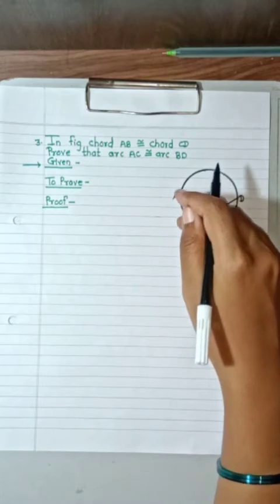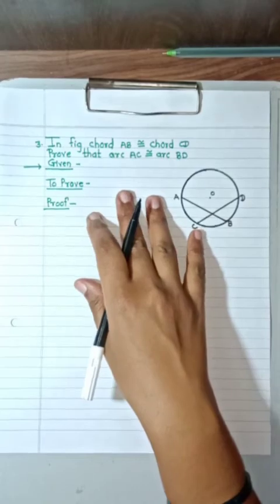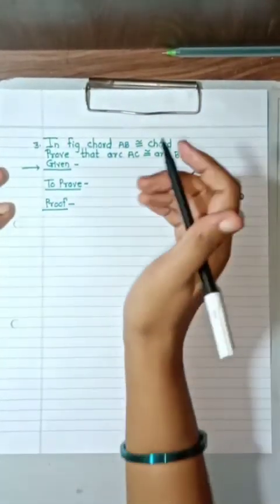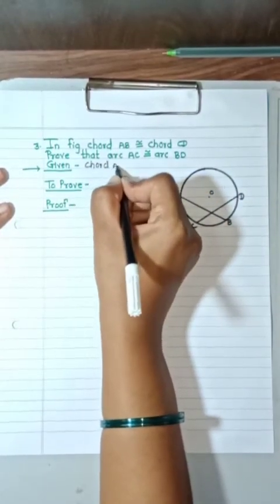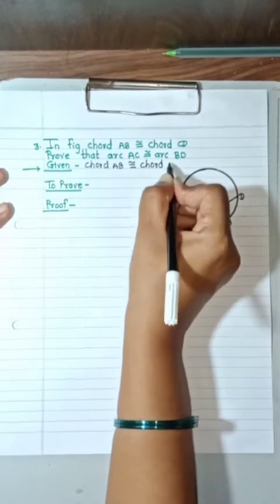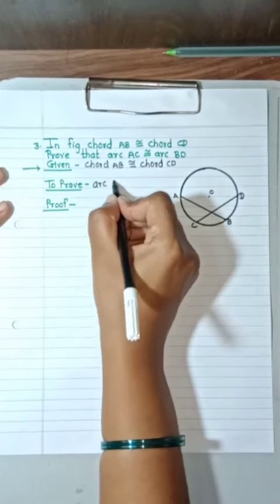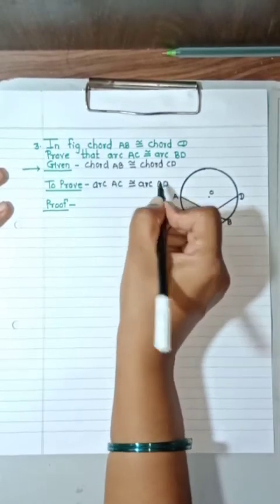So first of all, we'll write down what is given to us. It is given to us that chord AB is congruent to chord CD. You have to prove that arc AC is congruent to arc BD.